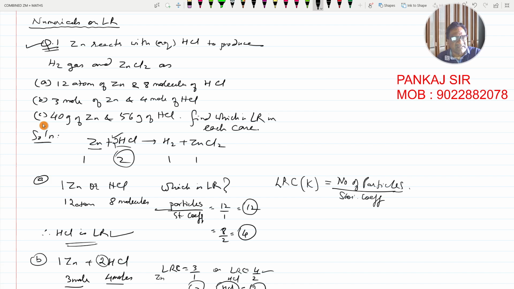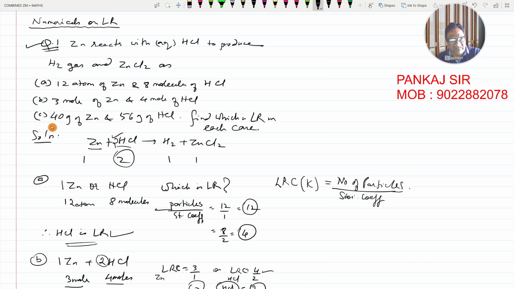Now these are the three scenarios, right? In scenario A, 12 atoms of zinc are combined with 8 molecules of hydrochloric acid. In scenario B, 3 moles of zinc is combined with 4 moles of hydrochloric acid.